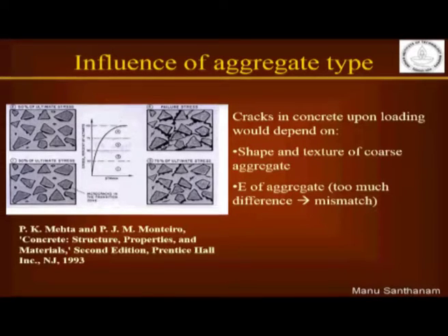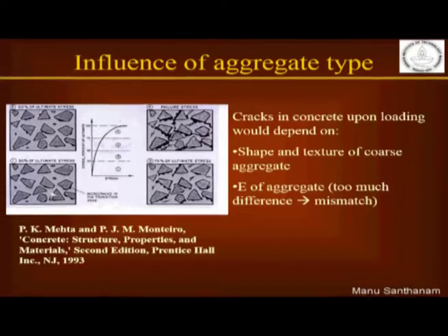Okay, so now the ITZ is the weak link, and that is quite apparent from this simple schematic that I had presented in the last class, where you see that the cracks around the aggregate start growing at very low load levels. Even at about 30% of the load, you have substantial cracking around the aggregate, and that comes about because of the mismatch between the aggregate and paste properties.